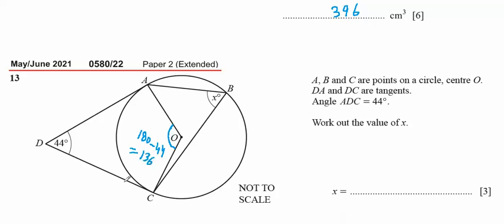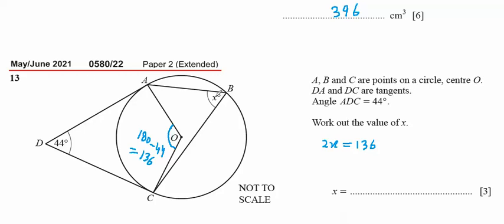So this angle is 180 minus 44, which is 136. Now in circles, we know the property that the angle at the center by the arc, here the arc AC, is double the angle on the circumference marked by the same arc. So 2 times x is equal to 136.